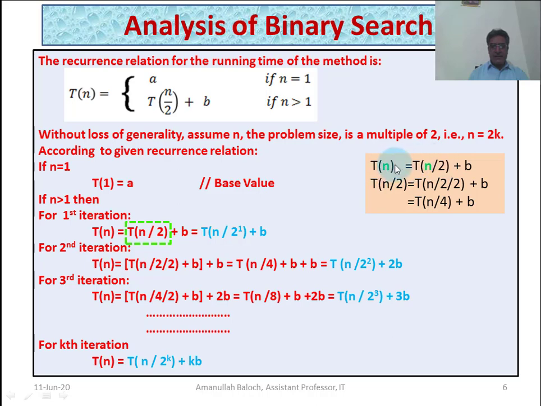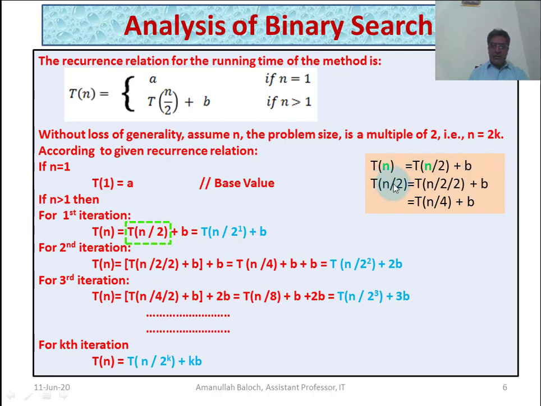Wherever I see the value of n, I put here n divided by 2. Here I put n divided by 2. Here I put n divided by 2. I bring this 2 down to this level, and also this term plus b down here.